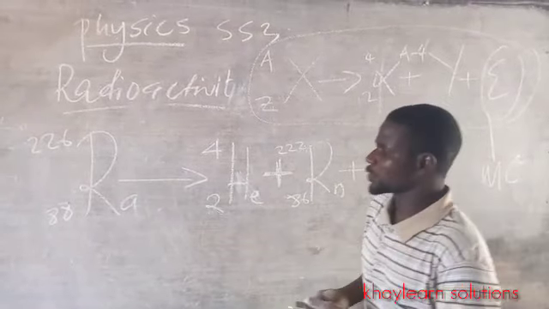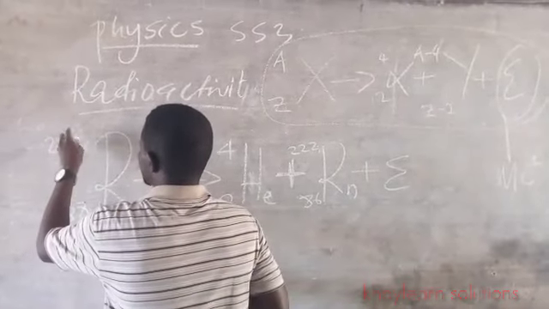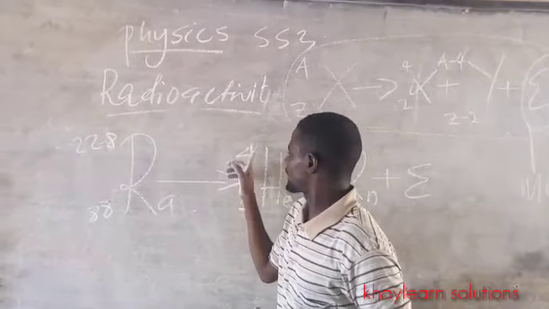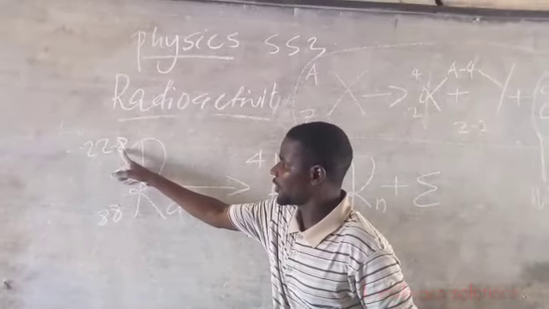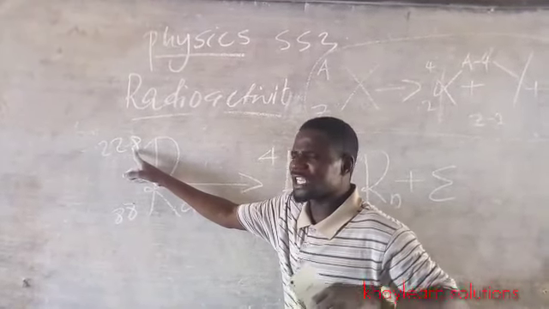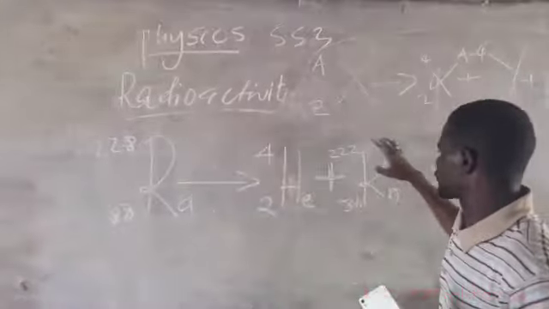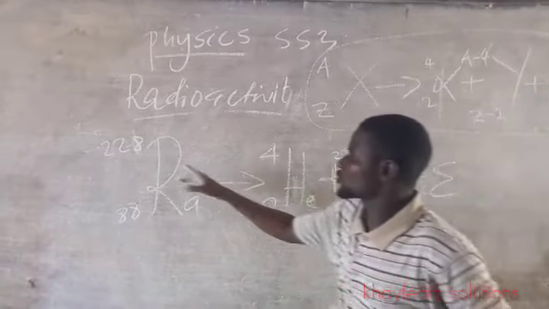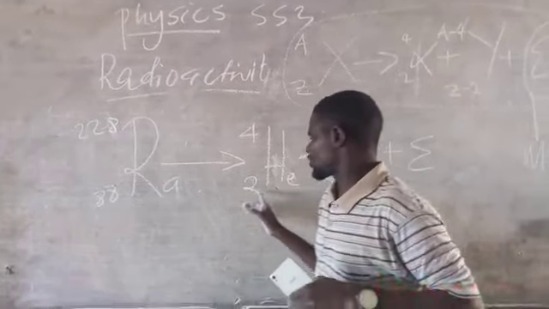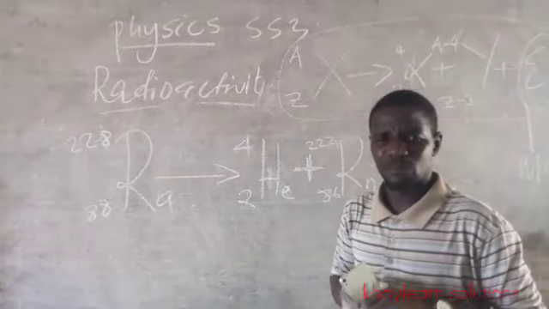Assuming here is 228, after you remove 4 from it, it becomes 224. Now you think of a substance that has mass number 224. Whatever that substance is, that is what you put here. And if it has 224, you will find that it has 86 as atomic number. So that's how you think and put the answers right.